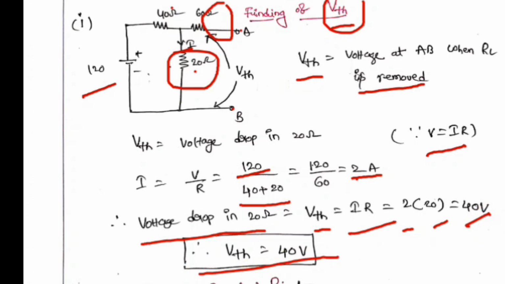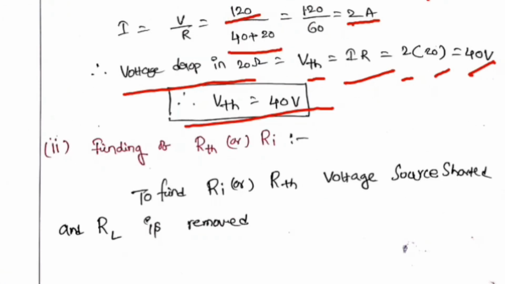Now we are going for finding the internal resistance. To find the internal resistance, we replace the voltage source with its internal resistance. If there is no internal resistance, simply short circuit. That is finding the R Thevenin or Ri, the internal resistance.